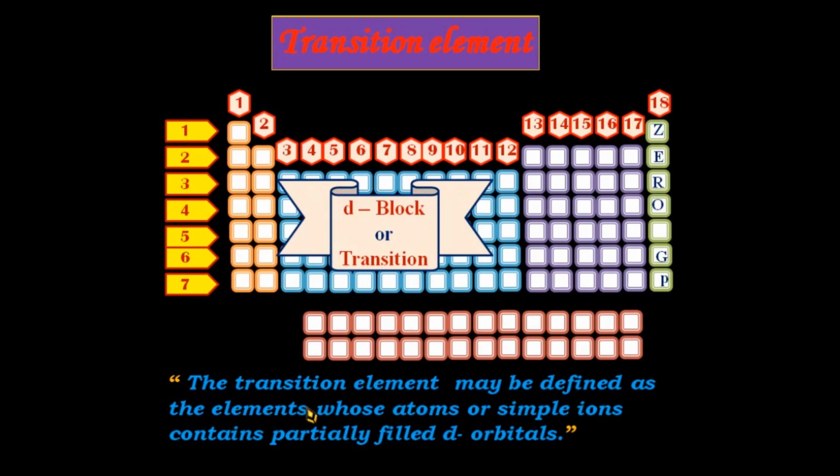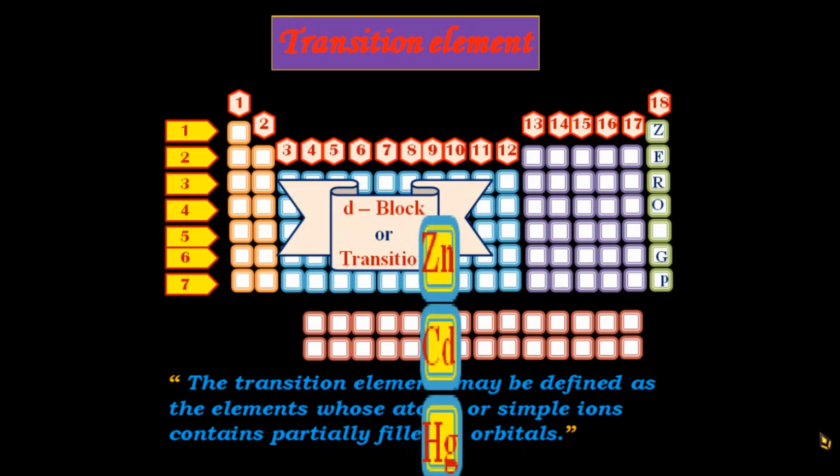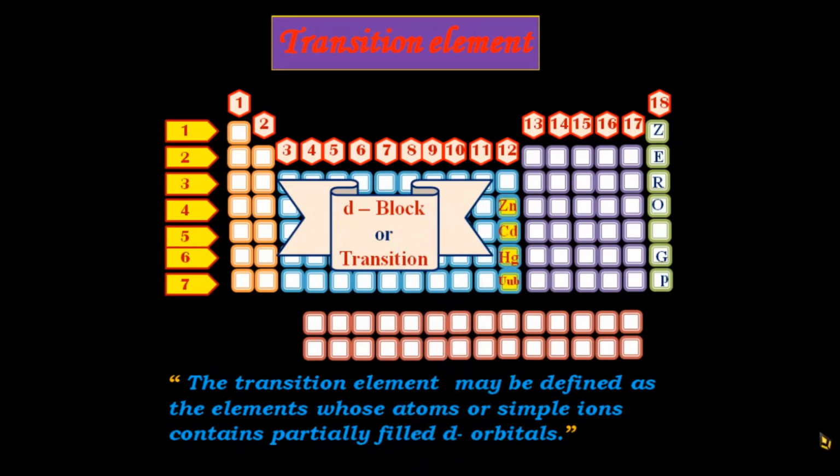This definition of a D block element does not cover zinc, cadmium, and mercury because they have completely filled d subshell in their atoms and common oxidation state. As a result, Zn, Cd, Hg do not exhibit characteristic properties of transition elements.